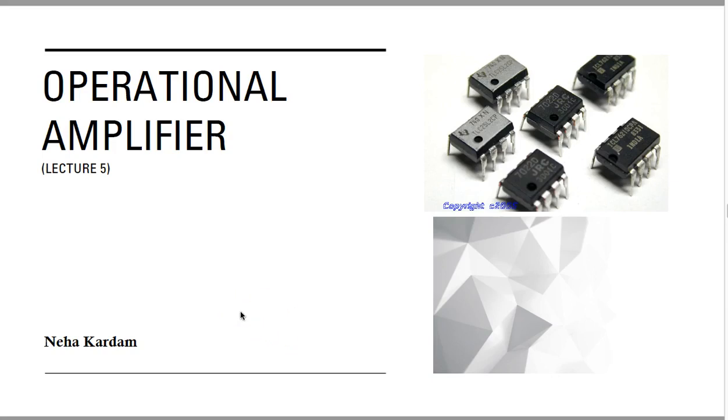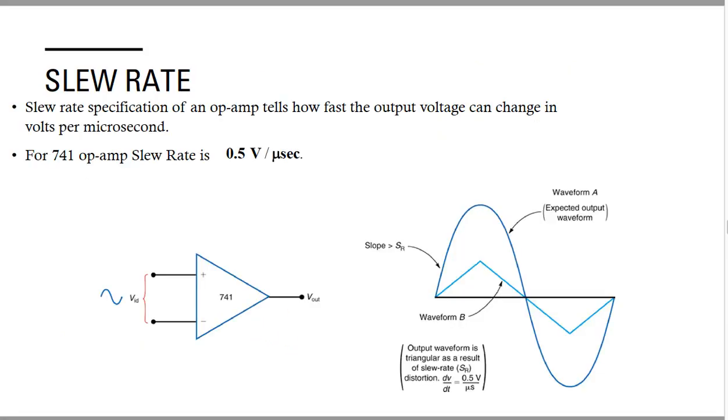So let's get started. Slew rate is defined as the maximum rate of output voltage change per unit time. And this slew rate helps us to identify the amplitude and maximum input frequency which is suitable for an op-amp in such a way that the output waveform created out of the op-amp is not distorted.